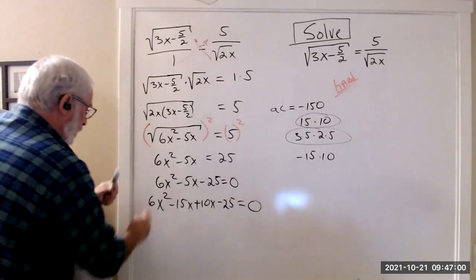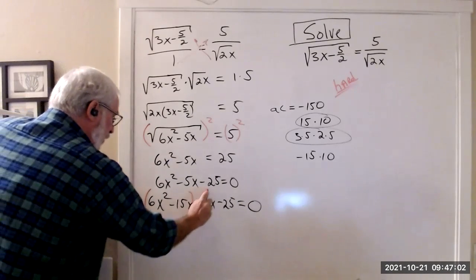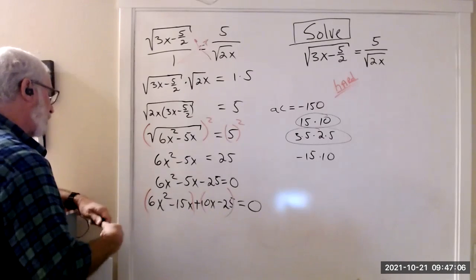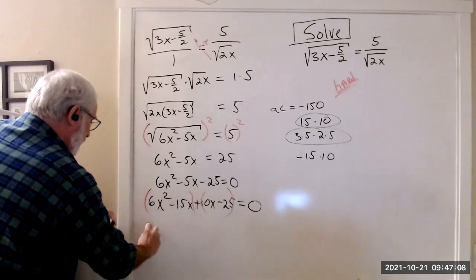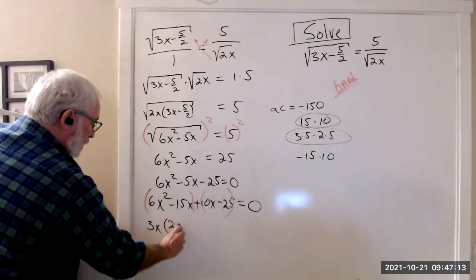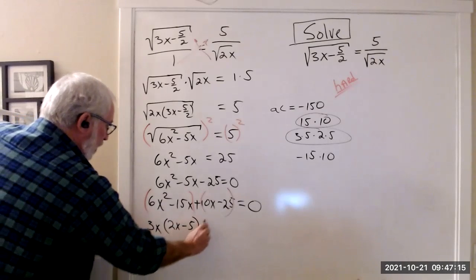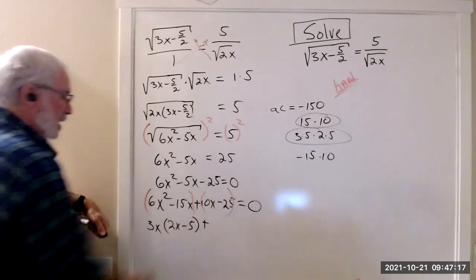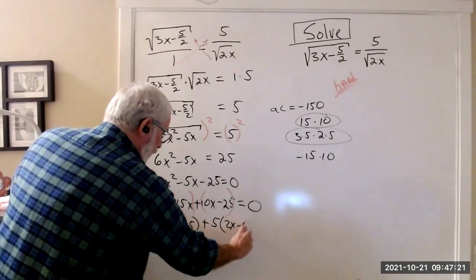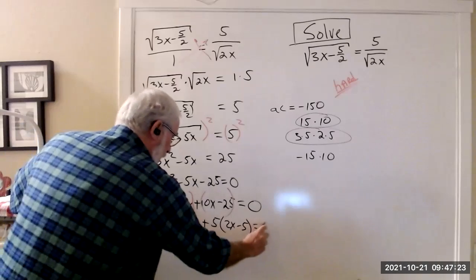Remember, we haven't done this in quite a while. We have to group the first and the last. So what can we take out of there? We can take a 3x out of that group, leaving a 2x minus 5, plus I can take a 5 out of that group, leaving 2x minus 5. Ooh, still equals 0.